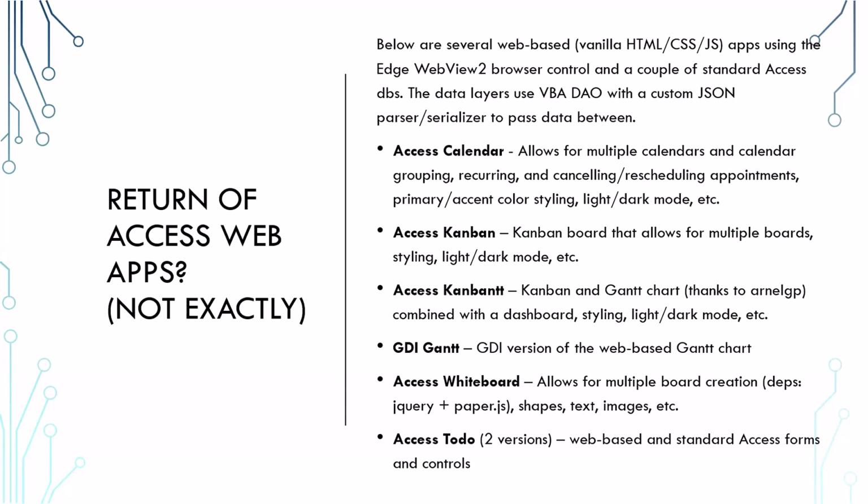The first couple that I created used a similar approach to what Ben had described in his video, where he was using some chat windows. I think he was using Microsoft Copilot, going back and forth between that chat window and copying and pasting code into Access.